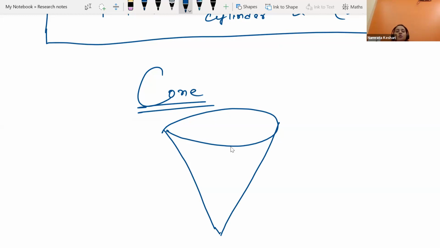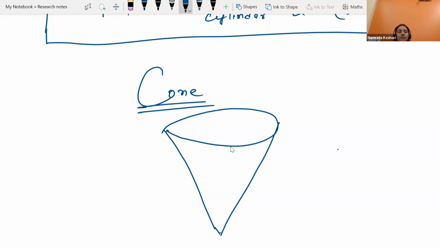The way I showed you a cuboid box or cube, or cylinder, you can see in your day-to-day life, cone also, in the form of a conical vessel, or maybe a tent, or maybe in Christmas you use a cap that can be in the conical shape.